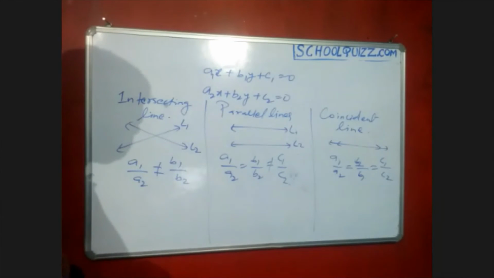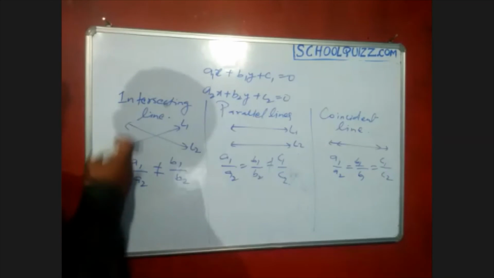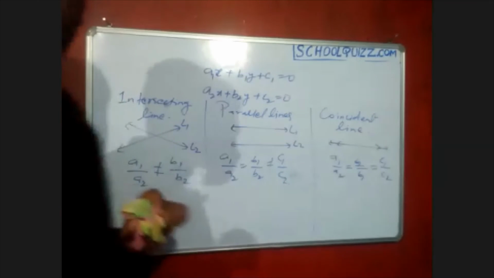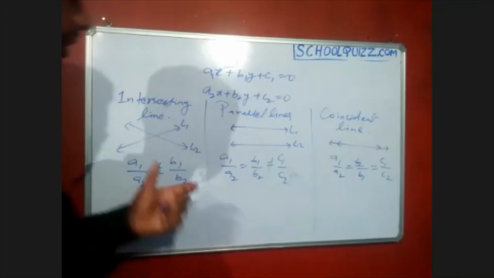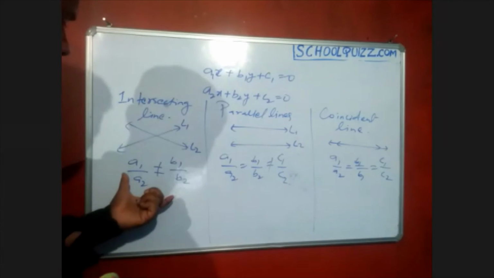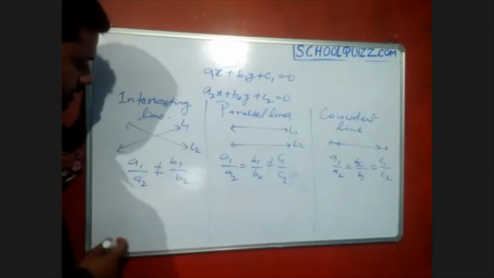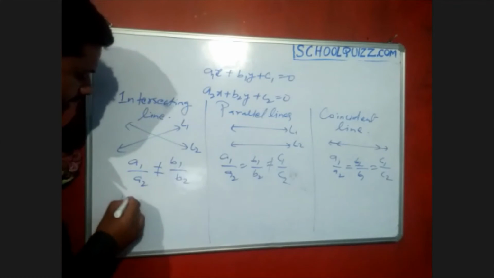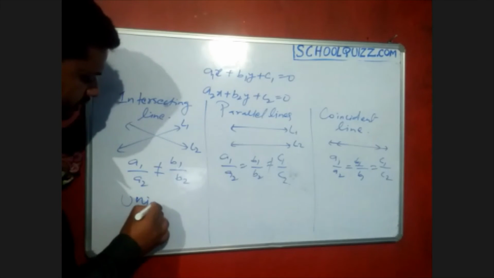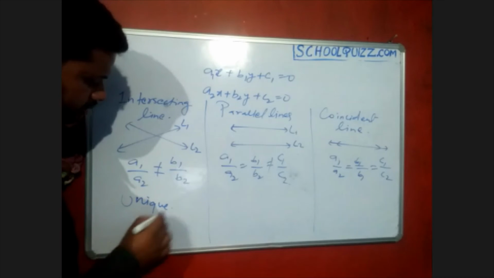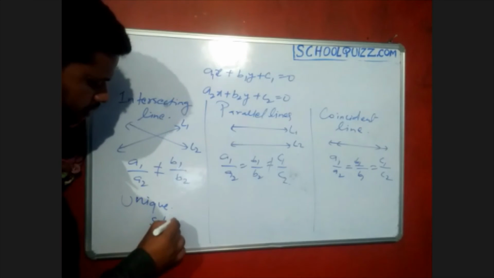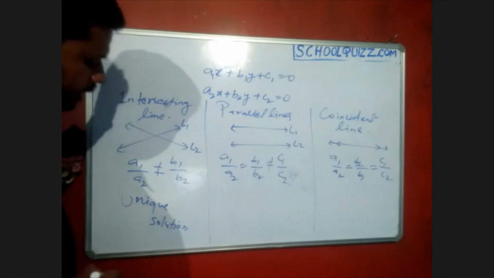We also have other names for these lines. The intersecting line we can call a unique solution line, meaning you will get one and only one solution.